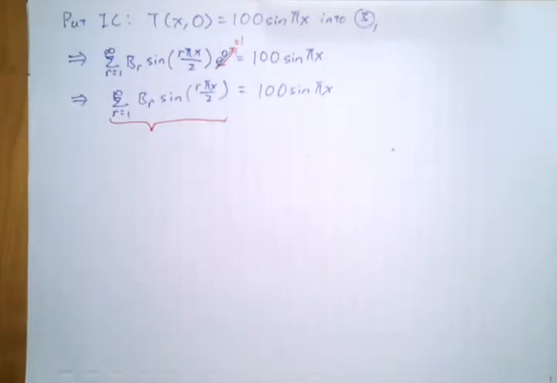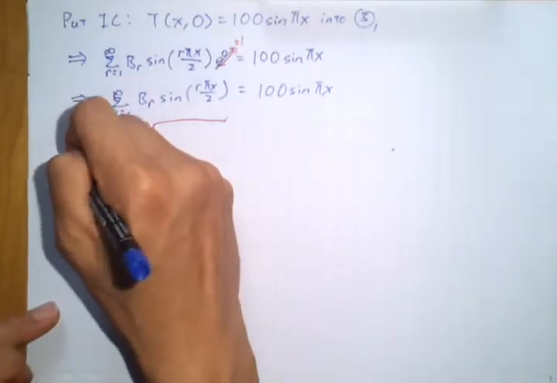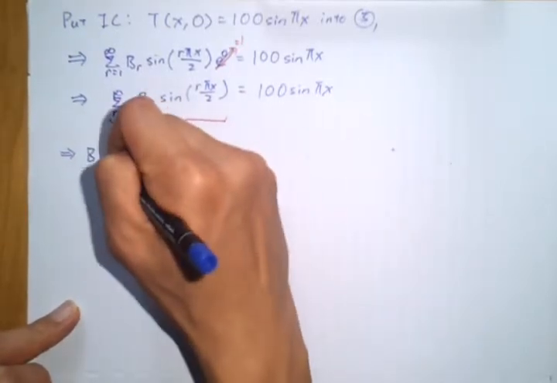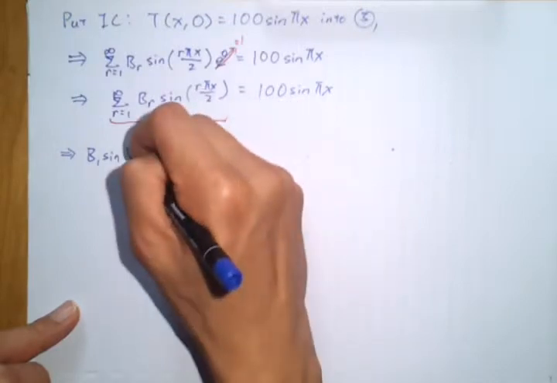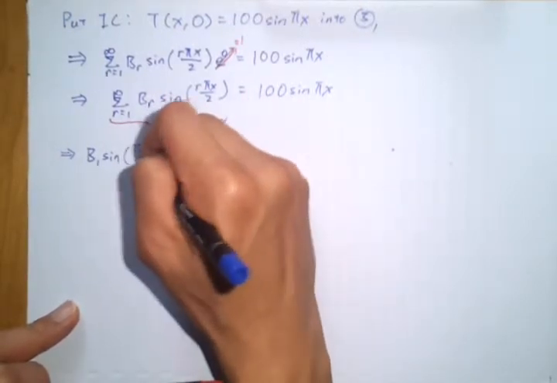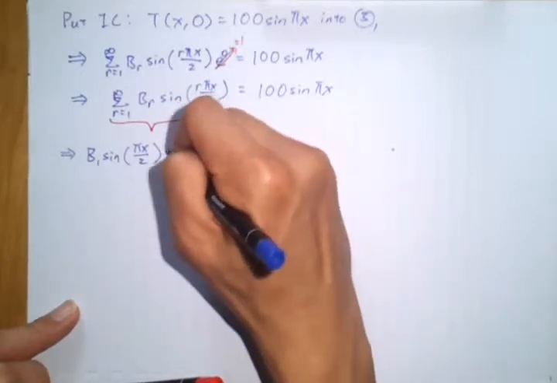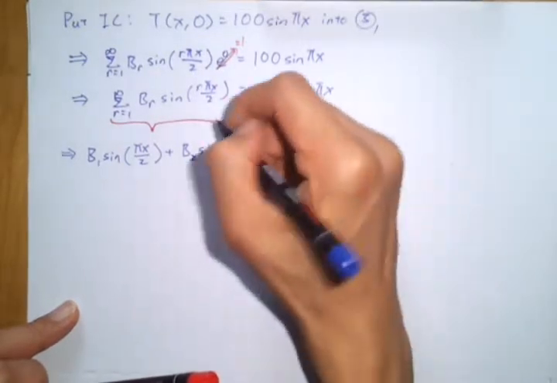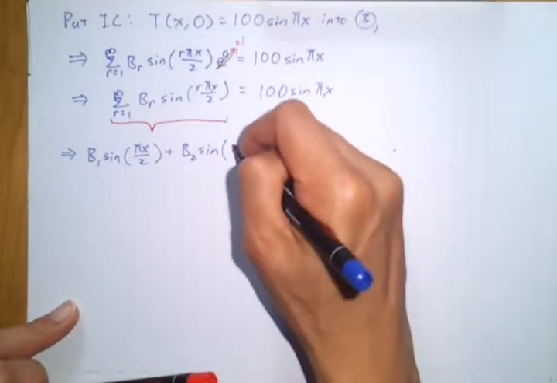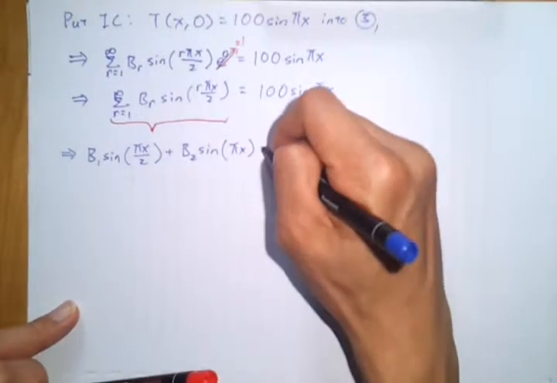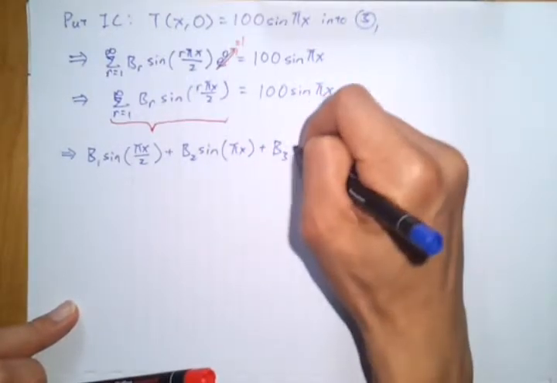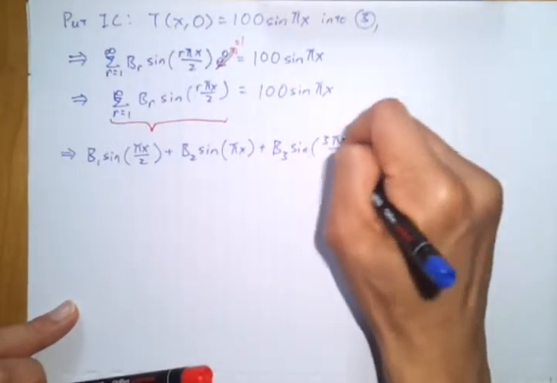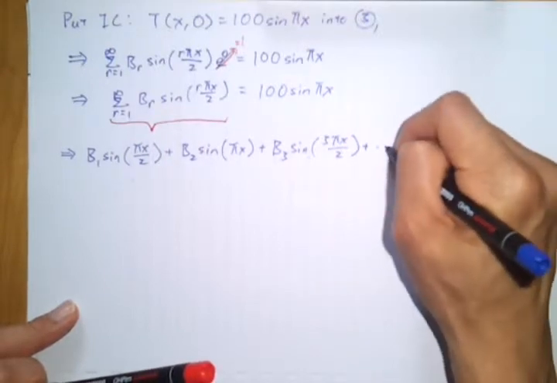For r equals 1 to infinity, you get b1 sine(pi x over 2) plus b2 sine(pi x), because when r is 2 you get 2 over 2, so we're just left with pi x, plus b3 sine(3 pi x over 2), and so on.